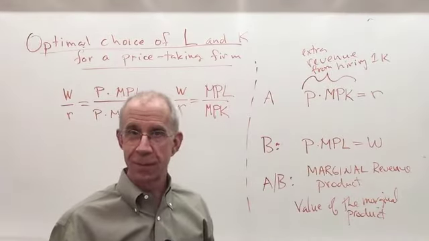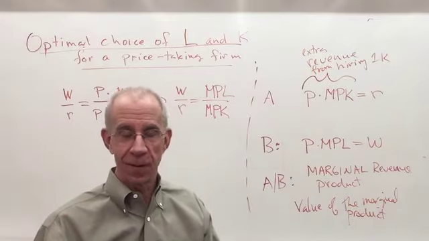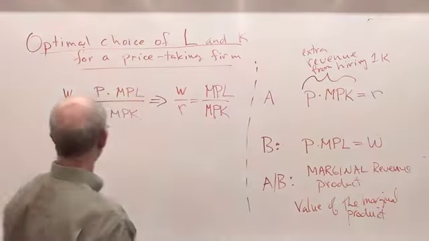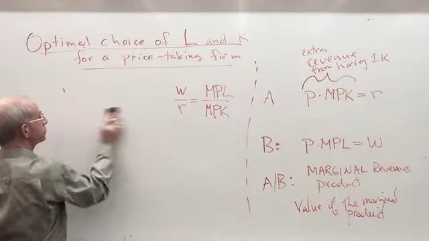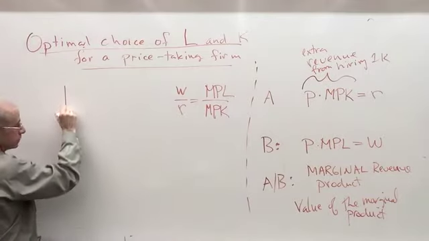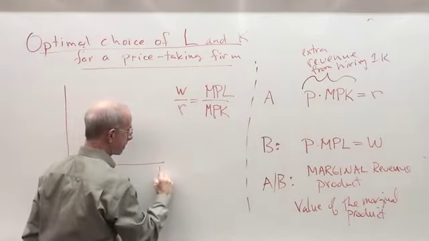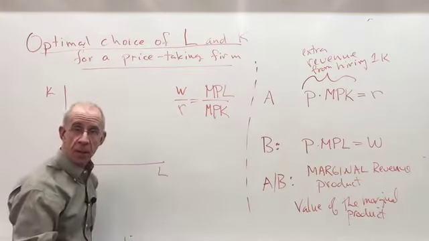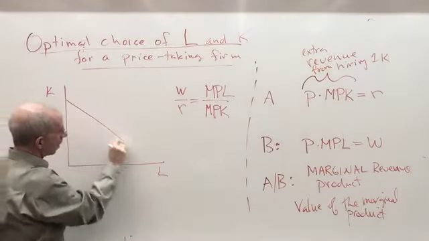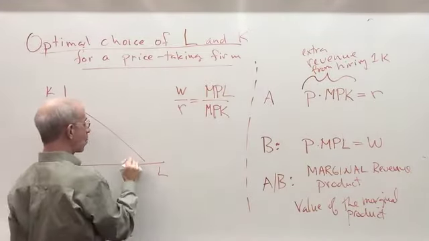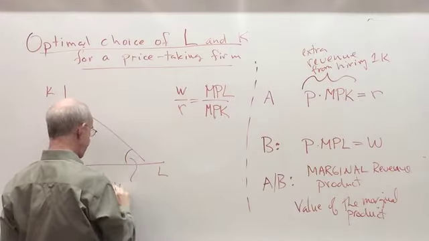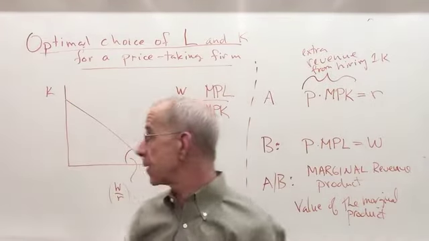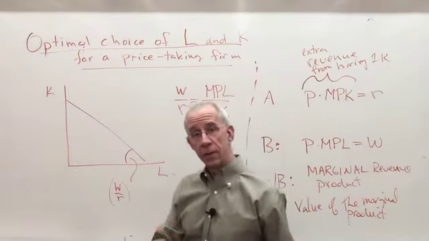Where have we seen that? We've seen it with an isoquant and an isocost line. Recall, if we look at the cost of a firm of doing business, they could choose between labor and capital, they've got the wage and the rent.